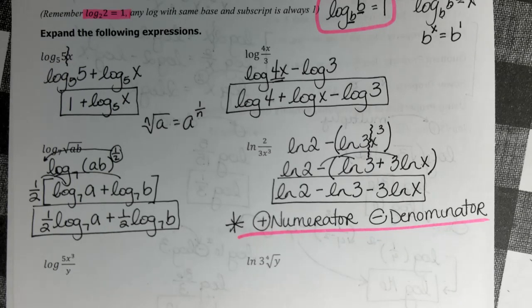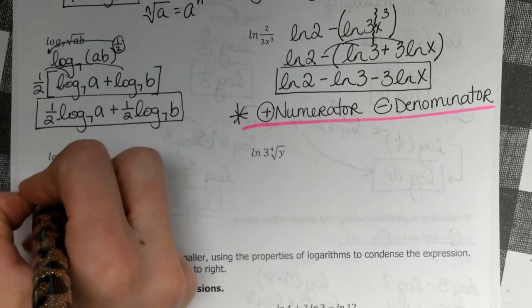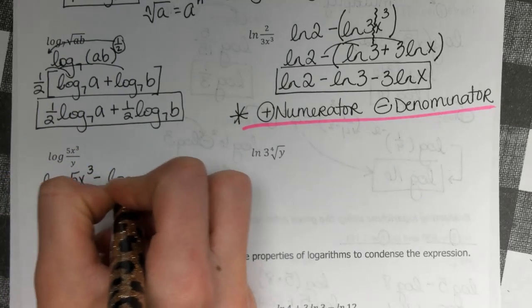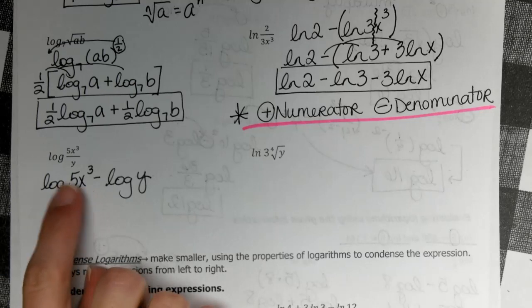So then log of 5x cubed over y, I'm going to separate: log of 5x cubed minus my log of y. Now here, I know I have to separate my 5x cubed. I don't have to put this in parentheses because there's nothing in front of it.